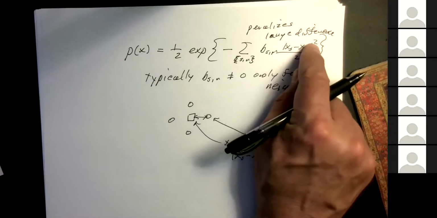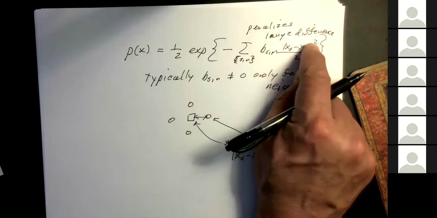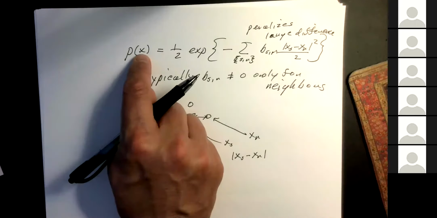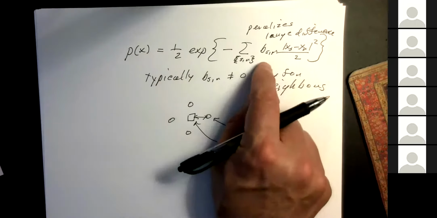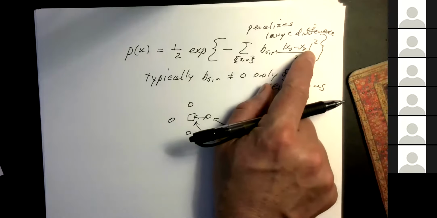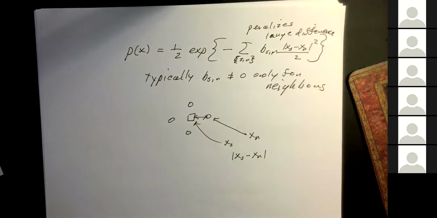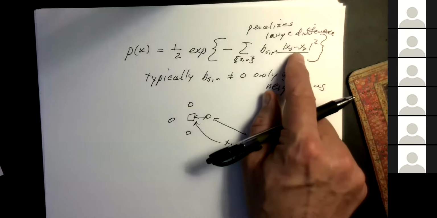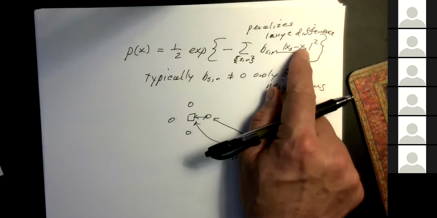Now, if it's a quadratic distribution like this, because it's squared, then this is a Gaussian. But what we'd like to do is generalize this so it's not Gaussian, right? So what we do is put a different function in here.